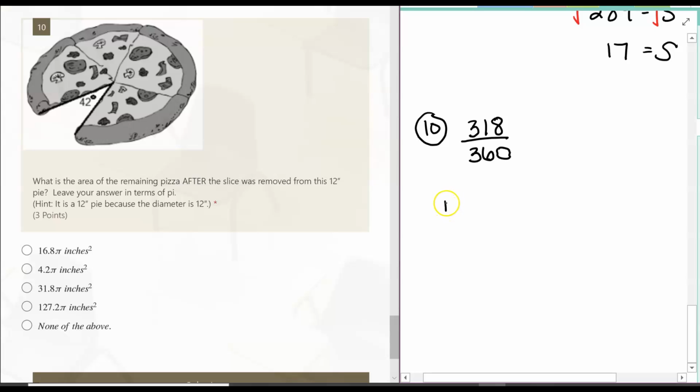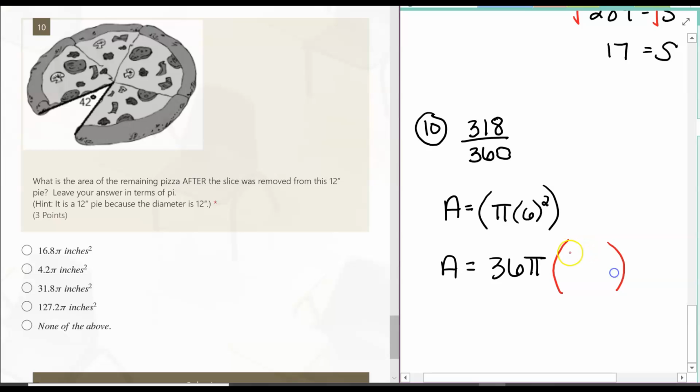Now, if I want the area of this piece, I'm going to start off with finding the area of the whole thing, and that means pi times radius squared. If the diameter is 12, it means the radius is 6. So technically, the area of the entire pie before the slice was removed was equivalent to 36 pi. But again, we're not looking for the entire pie.